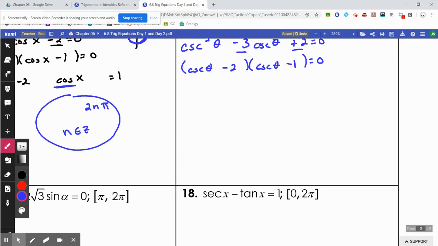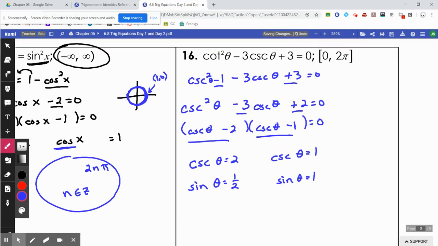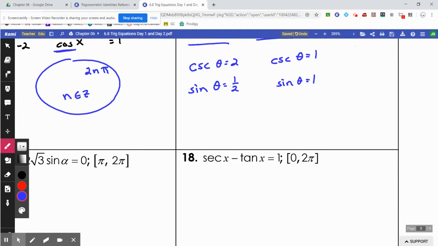Set each factor equal to 0 and solve, and you're going to get cosecant of theta is 2, and cosecant of theta equals 1. Let's work with sine instead of cosecant, so the sine of theta would be 1/2, and the sine of theta will be 1. We're looking for all answers in one rotation between 0 and 2 pi.